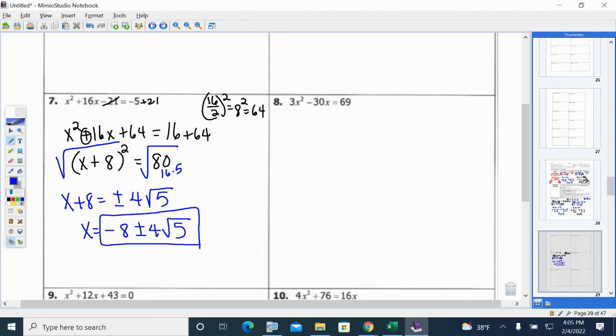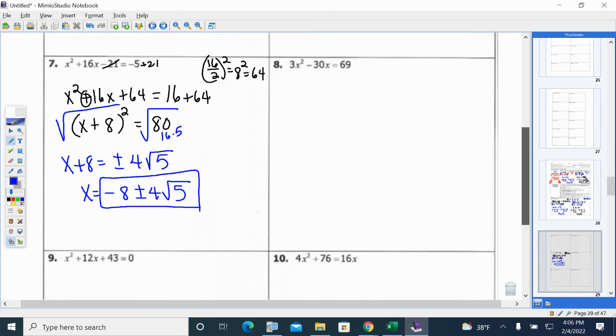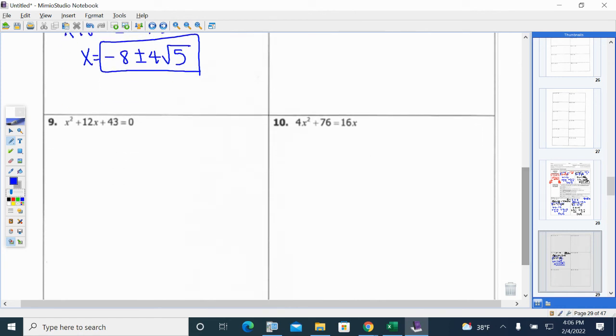Let's look at number 10. Number 10 says 4x squared plus 76 is equal to 16x. So the bx is on the wrong side and the constant is on the wrong side.